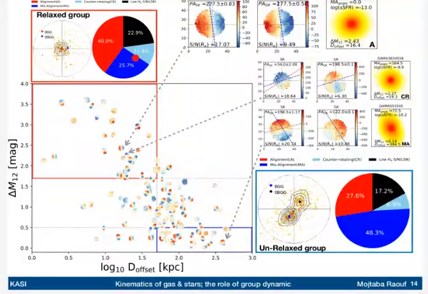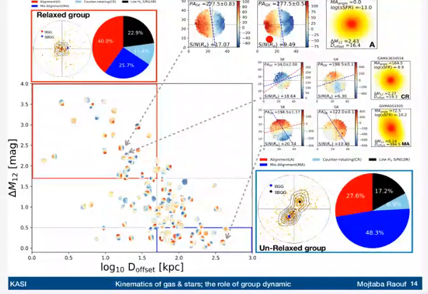We also have the black regions, which are just the low signal-to-noise galaxies. In order to select just the early type galaxies in our sample, some of the galaxies have really low star formation, and the H-alpha signal-to-noise is really low in this case, so we cannot trust the fit of the gas kinematics for this type of galaxies to decide whether they are aligned or misaligned.